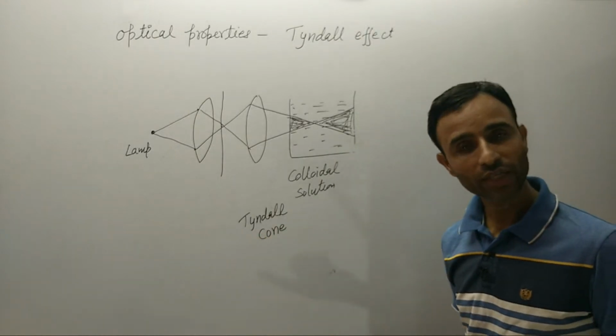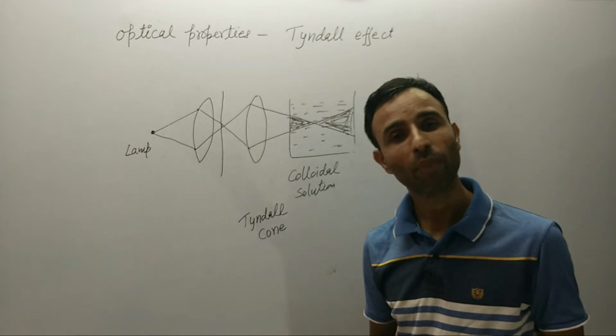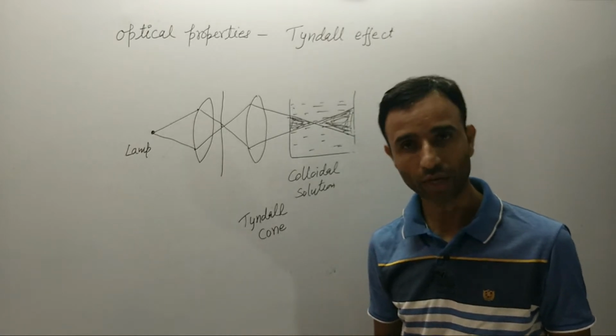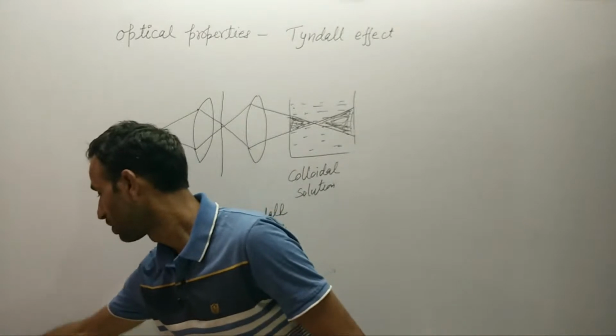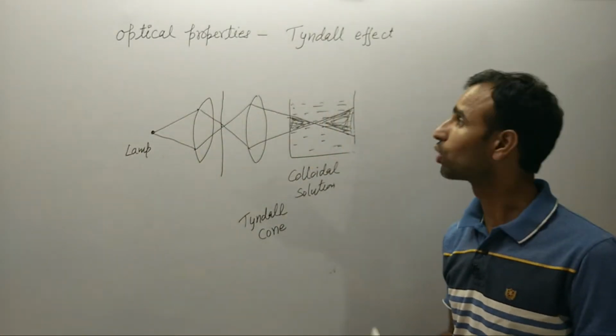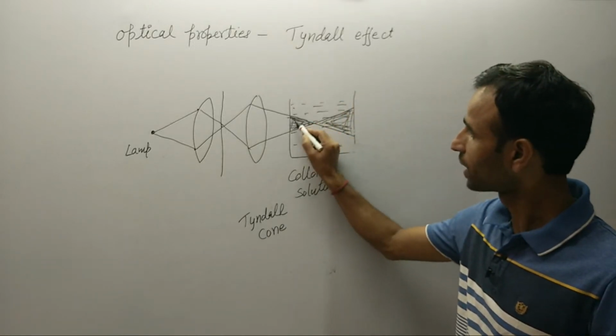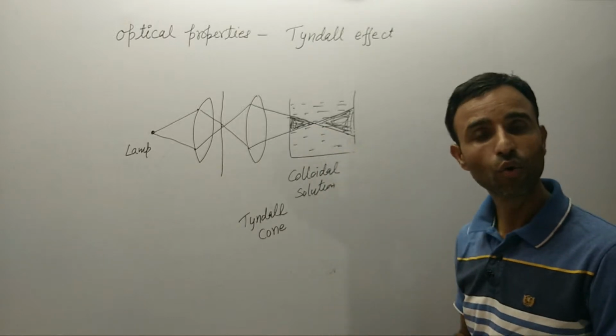What is the Tyndall effect? This is the scattering of light by the colloidal particles. Okay, scattering of light by the colloidal particles present in the colloidal sol, that is called the Tyndall effect, and this part is called the Tyndall cone.